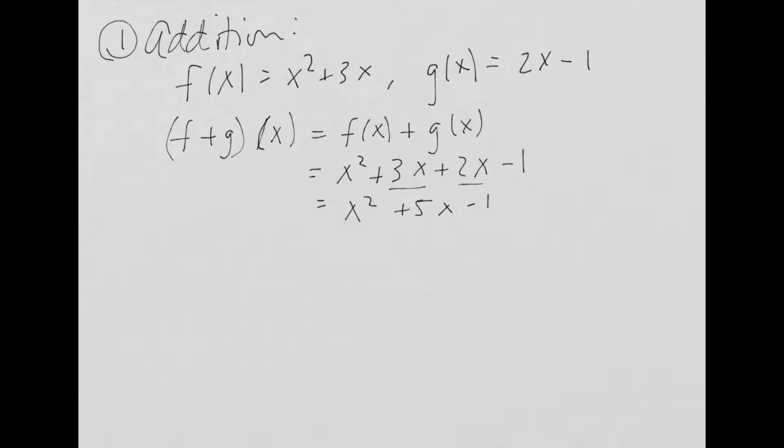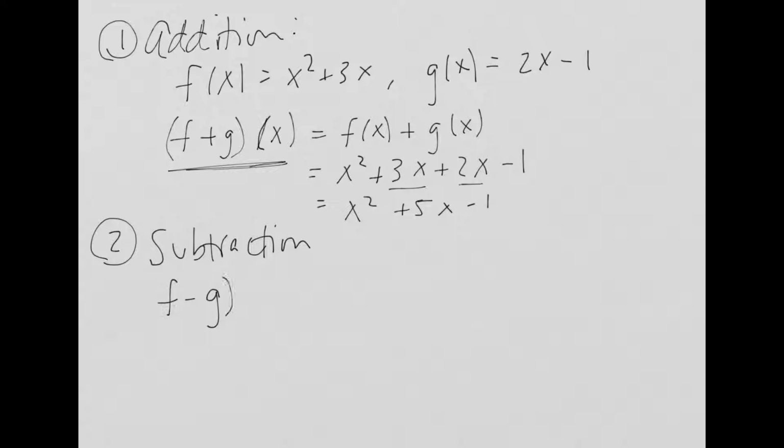So addition of functions just means add up the two functions, and then from there you can plug in numbers or whatever we're trying to do with the function. For subtraction, the notation here is f minus g of x. This means take your two functions and subtract them.